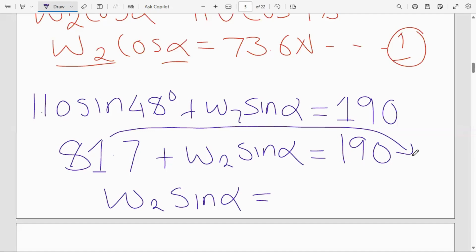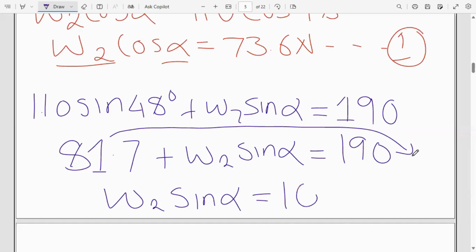And that difference is giving us 108.3, like that.